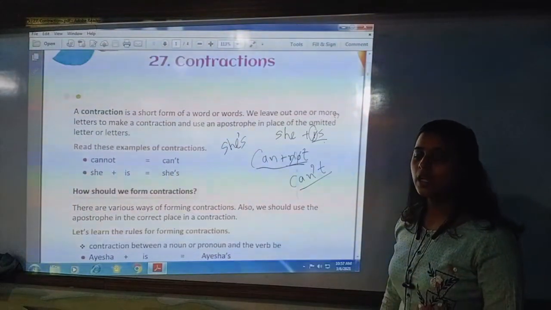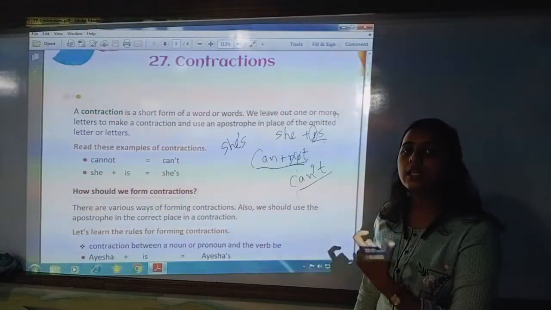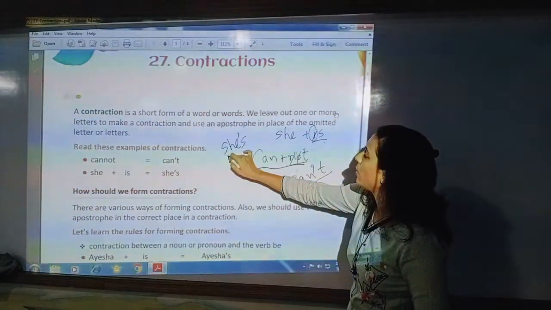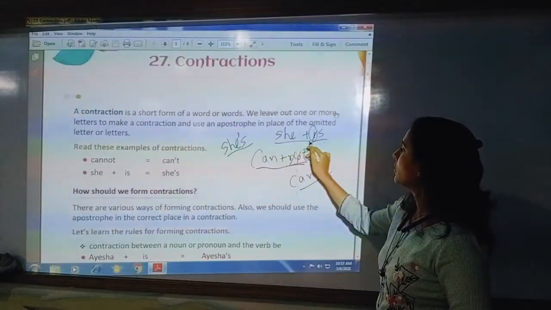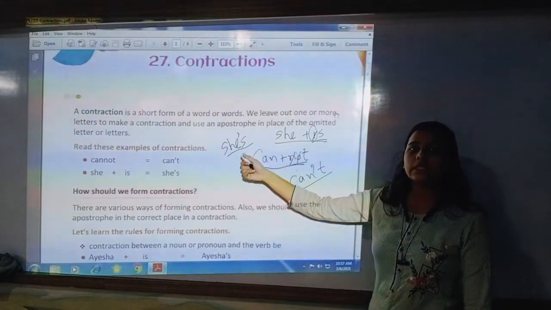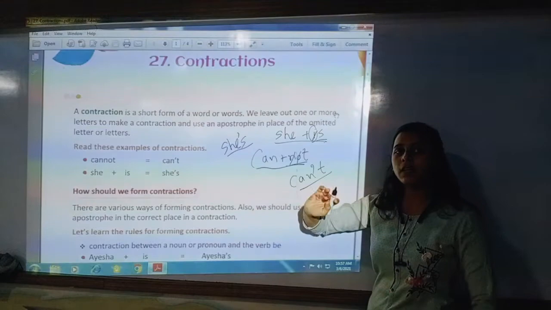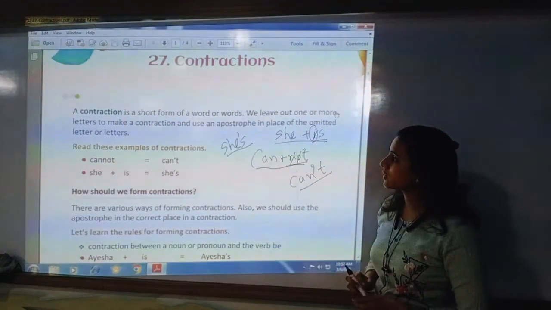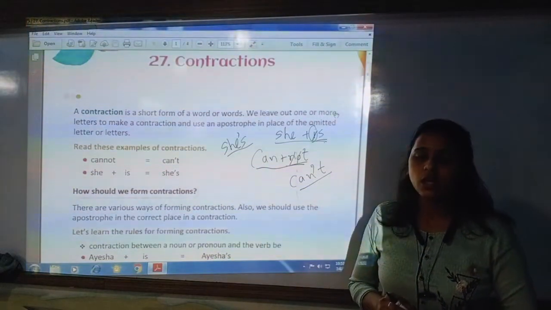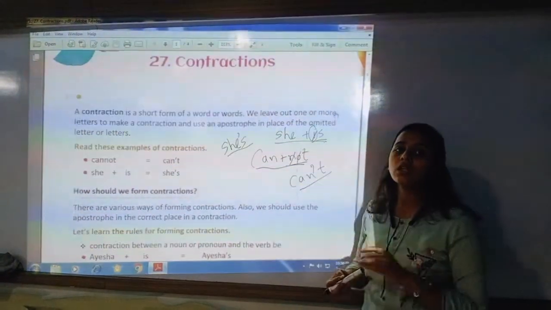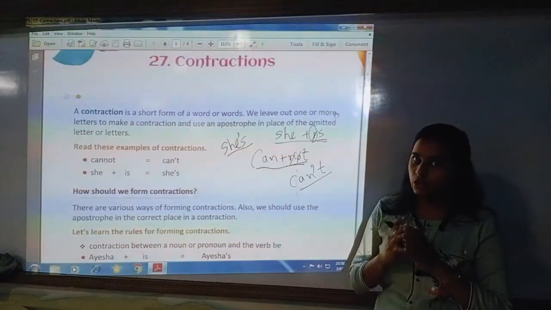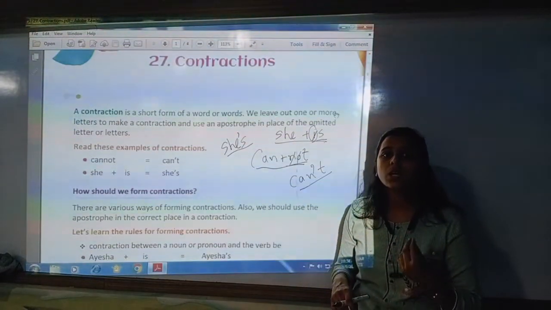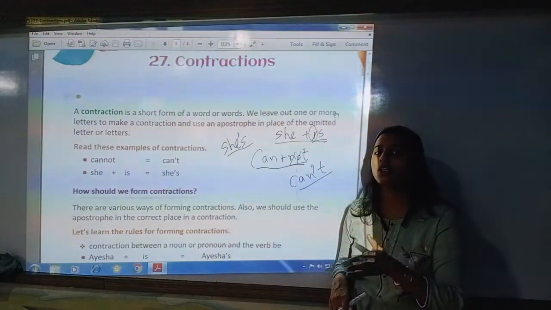She's. Instead of saying she is, you will say she's. So this is the short form of she is. The spelling is short and even the pronunciation is more quick. So this is the use of contraction. Contraction is used to make the spelling shorter and the pronunciation can be done quickly if you use contraction.